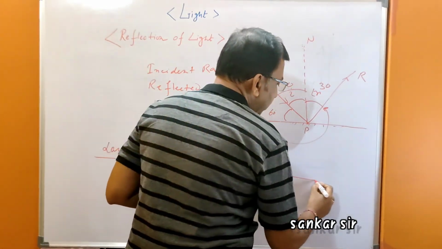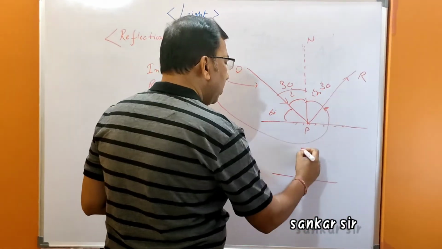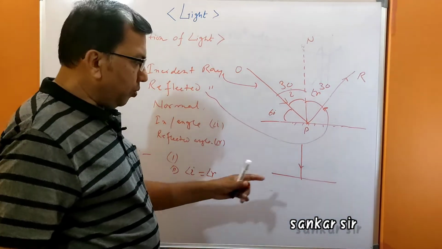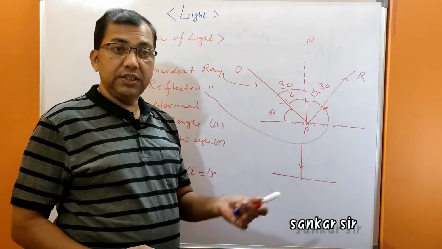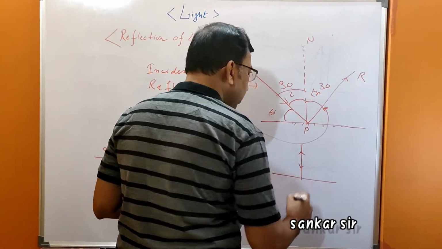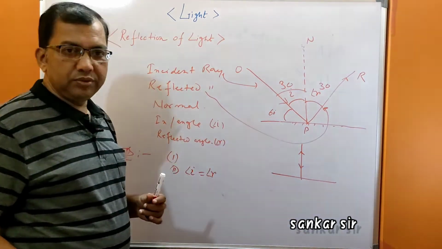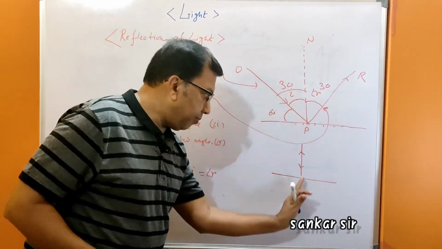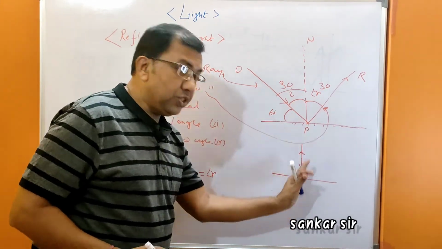Suppose a ray of light is incident normally, in this way. What will be the incident angle and reflected angle? Here the incident ray and the normal are along the same line, so the angle will be 0.